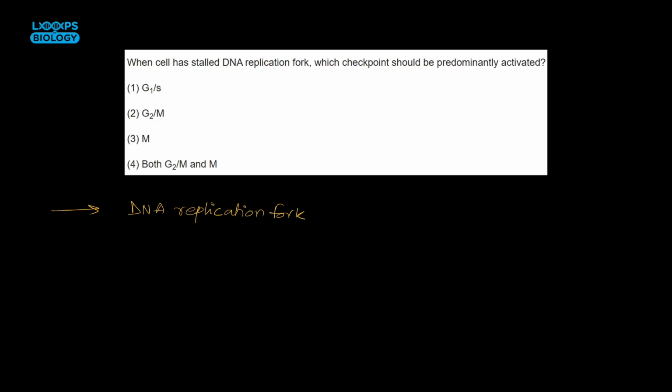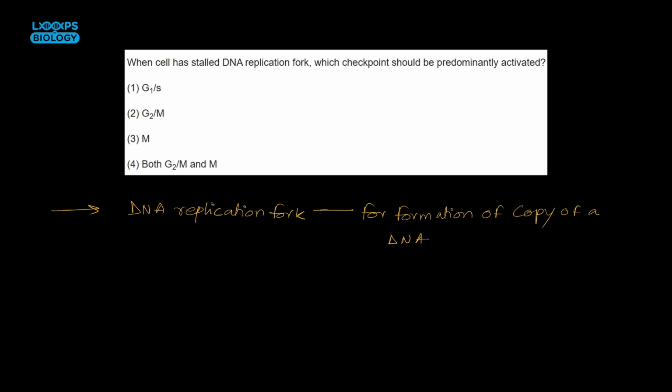Now, whenever we are dividing this particular DNA, and we are duplicating or making a copy of it, the replication fork is important for formation of a copy of DNA.